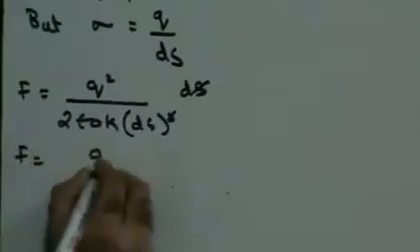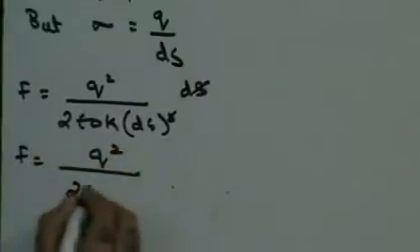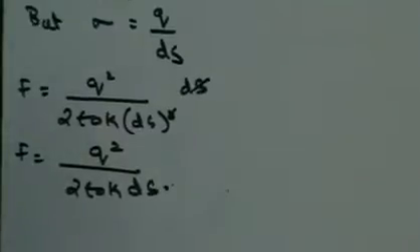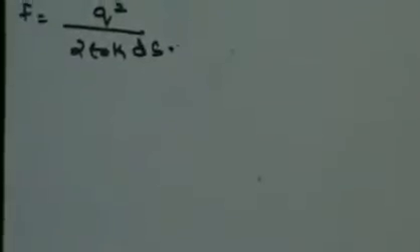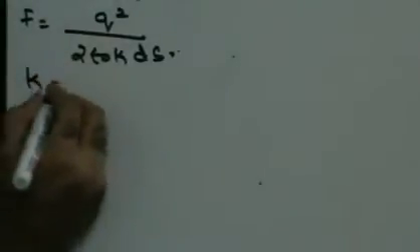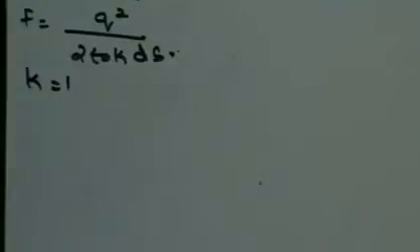So F is equal to Q square upon 2 epsilon 0 K ds. Right? Once you have this, you have all the values. You have ds, you have Q, epsilon 0. K is not given to you, so it is assumed to be 1. Yes, it is going to be assumed to be 1 because it is air. Right? Because they said that it is charged with square root of 8.85 microcoulombs in air. So since it is in air, K is going to be equal to 1.